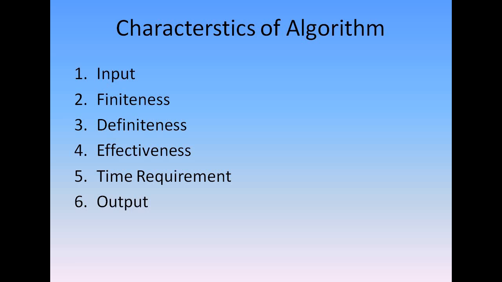An algorithm must specify the quantities which must be read or known before an algorithm can begin. Then, second characteristic is finiteness. The instructions of an algorithm must terminate after a finite number of steps to achieve its goal.